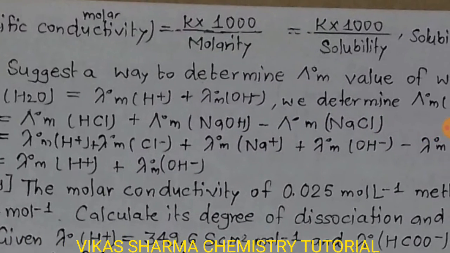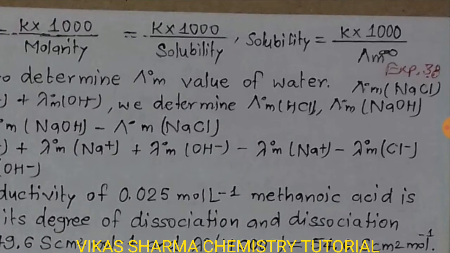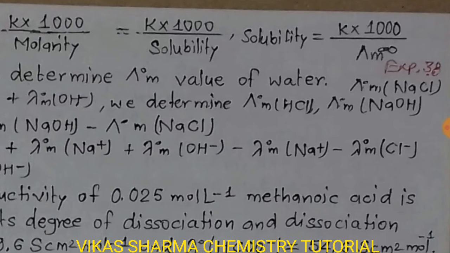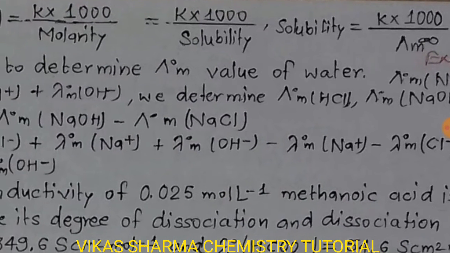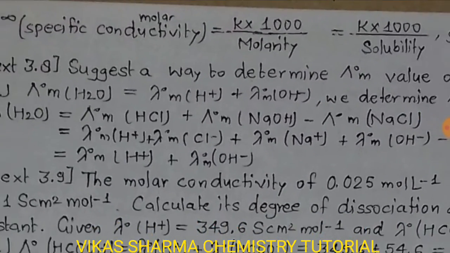It is equal to K multiplied by 1000 and divided by the molarity. It is equal to K multiplied by 1000 and divided by the solubility. Then solubility we can easily calculate: conductivity multiplied by 1000 and divided by the molar conductivity.